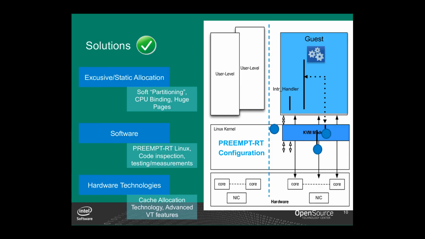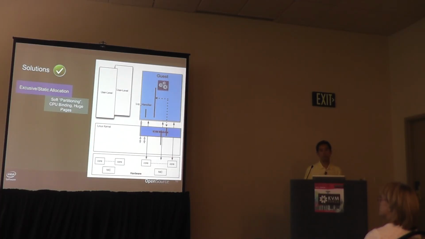I want to talk about the high-level solution, and this is a summary of what Rick or Jan mentioned. We need exclusive allocation of resources, especially CPU and memory, right? So typically we need partitioning, which can be done with isolcpus or cgroups. We also want to use huge pages to mitigate TLB misses, because with large pages, walking the page table is much faster.